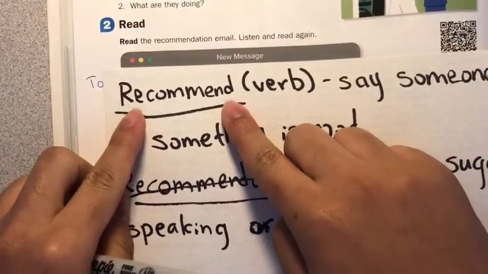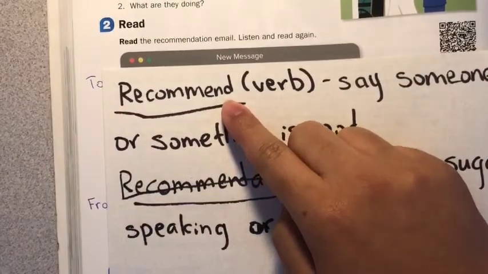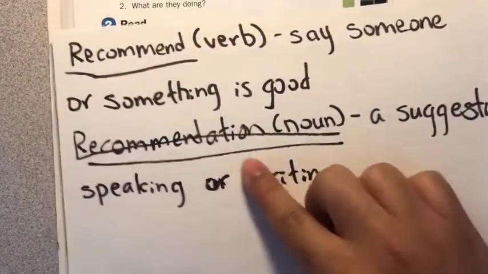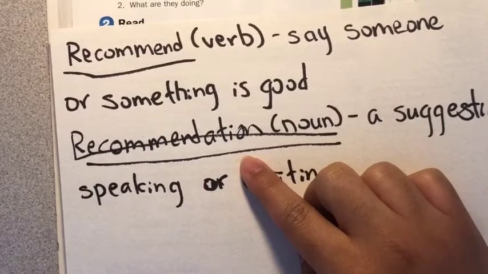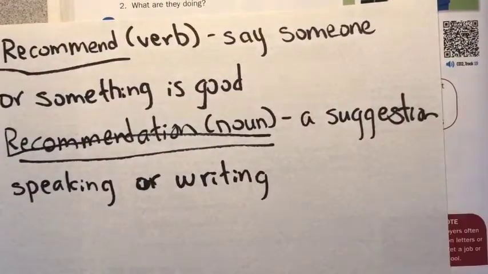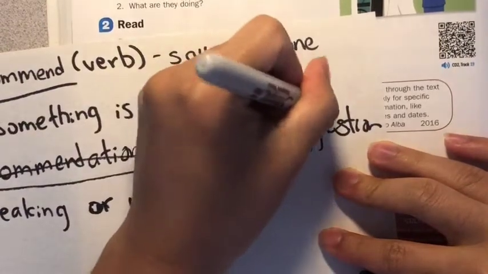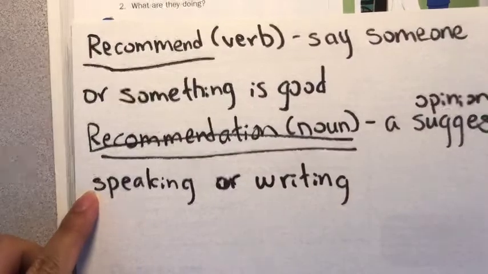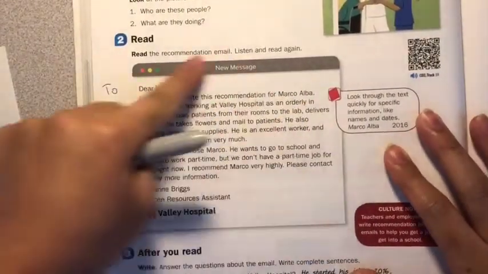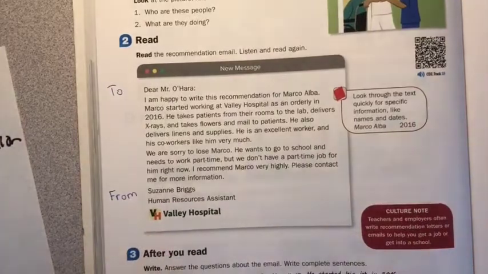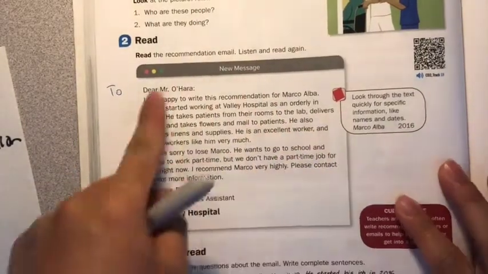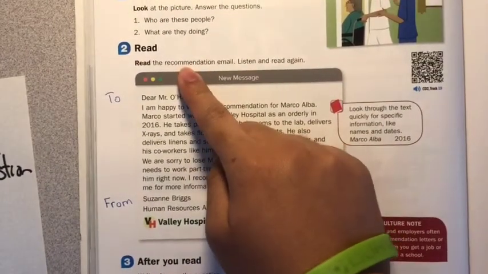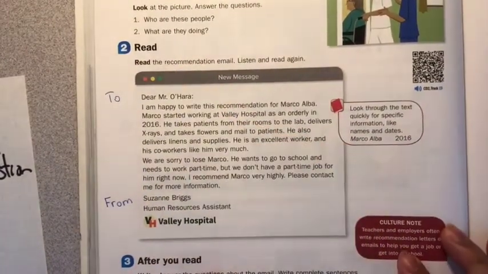So, I can recommend that you go to this restaurant. This restaurant is good. I recommend this restaurant. My recommendation is this restaurant is good. My suggestion, my opinion is that this restaurant is good. So, this email is a recommendation. It's saying that someone is good at their job. So that's what a recommendation is. A recommendation is saying someone is good.